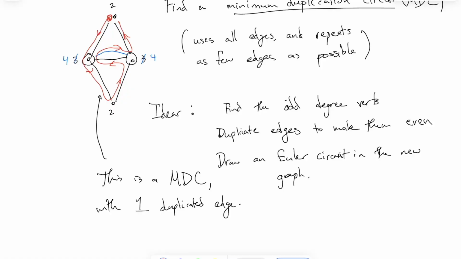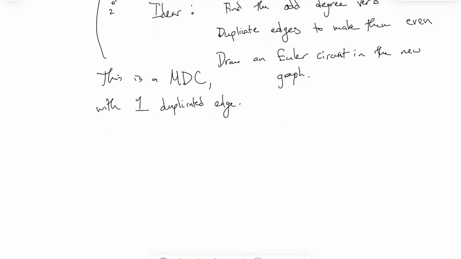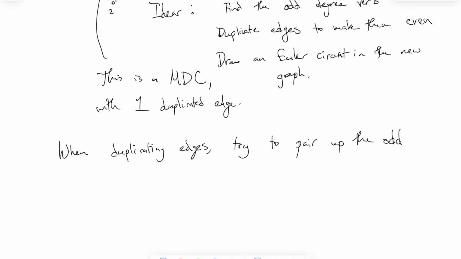All right. So can we just say a little bit more about this step in the middle here, duplicating edges? I would say my strategy here would be, when duplicating edges, try to pair up the odds and join them by doubling edges.